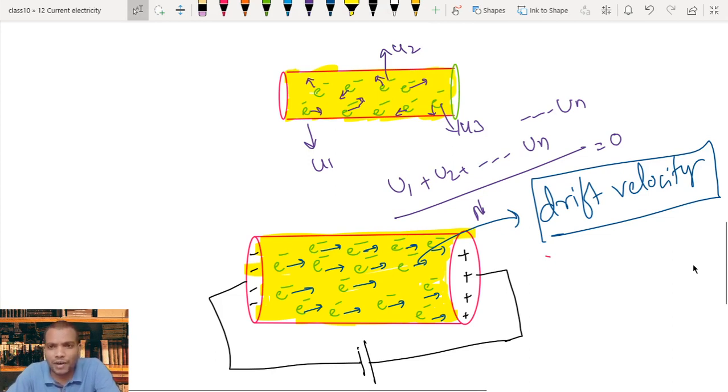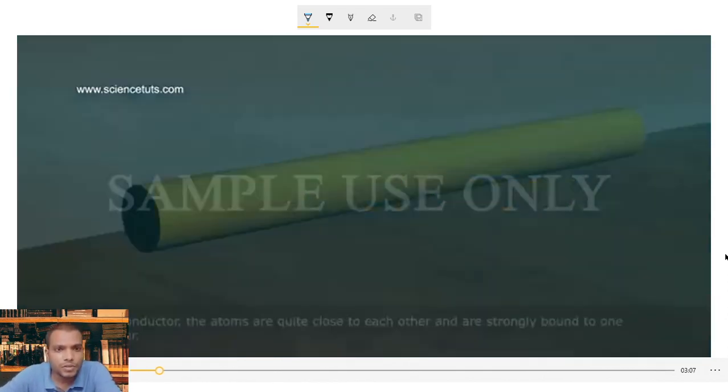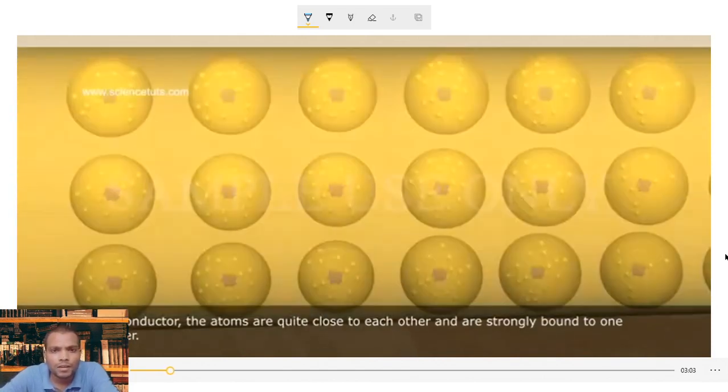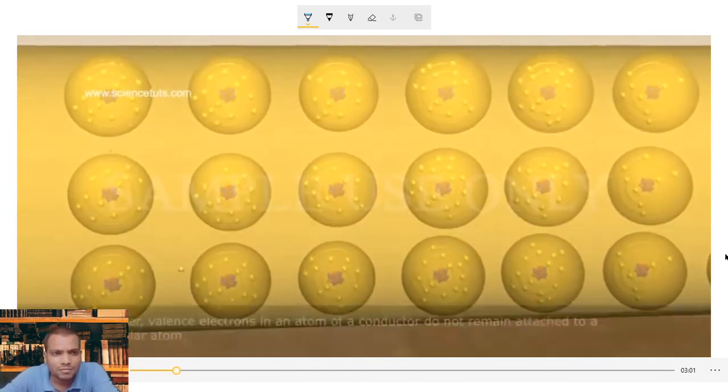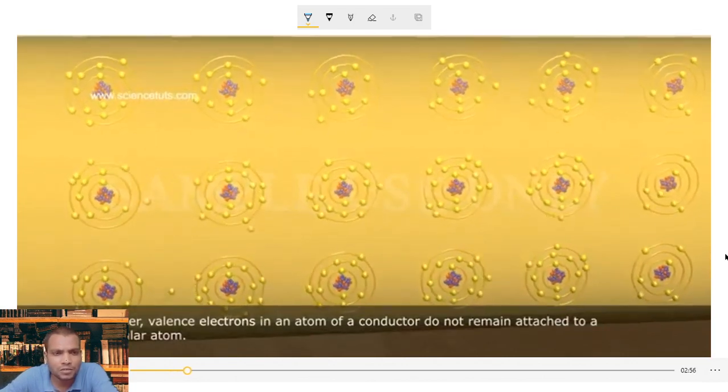So here our task is to find what this drift velocity is. Let us find that first, and before that I would like to show one small animation regarding this motion of electrons. Suppose you take a conductor. In a conductor the atoms, especially if you take copper, have very free electrons.